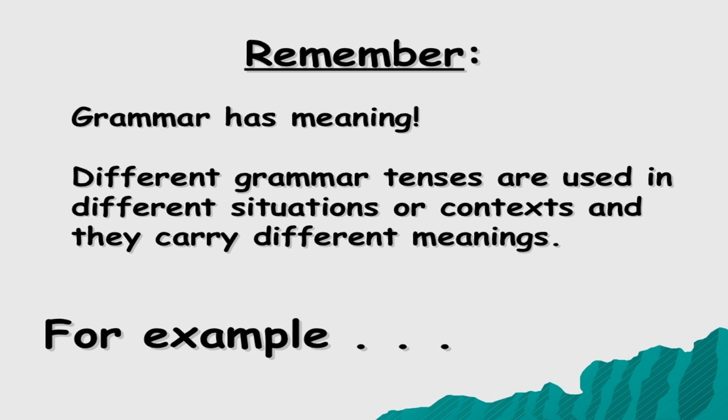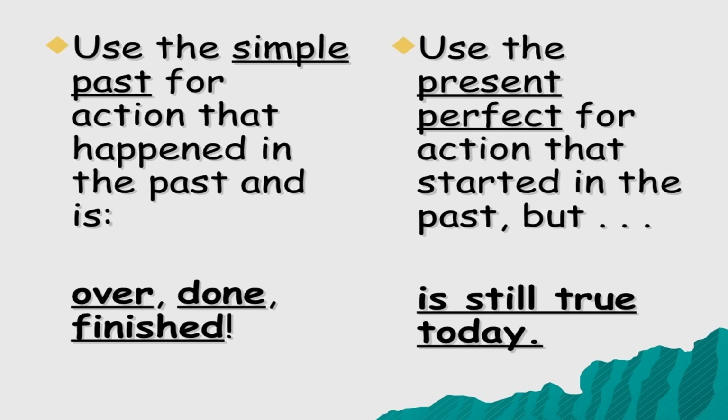So we simply cannot outrightly deny the use of any tense. We know that there are three tenses, each tense has 12 types, and each of those 12 tenses has its distinct use.